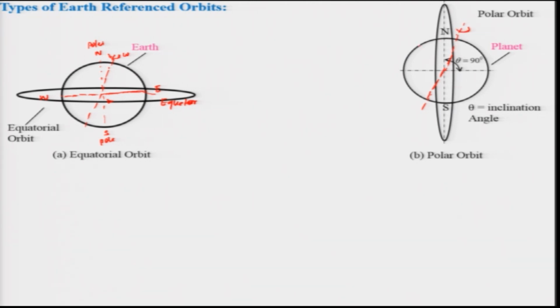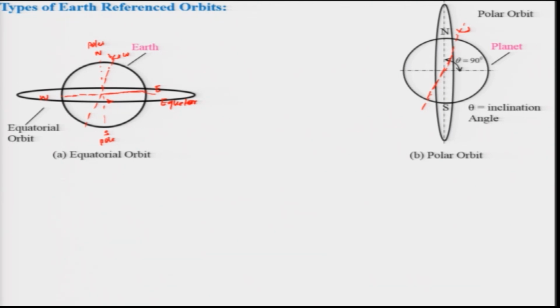So, it scans over large regions, and therefore it is used very much. It remains for something around 11 hours over these polar regions. But in order to have a larger surface area scanned by the satellite, people have developed another type, highly elliptical orbits, which we will discuss later on.